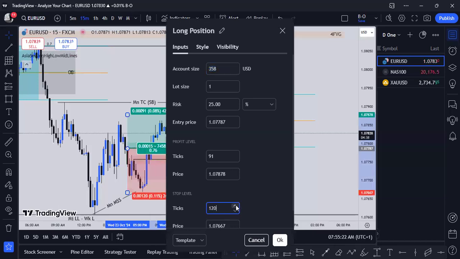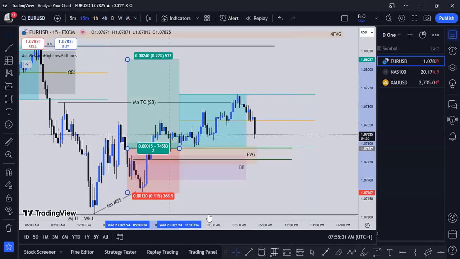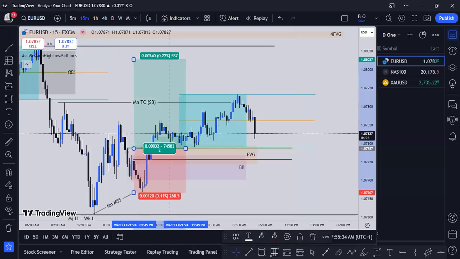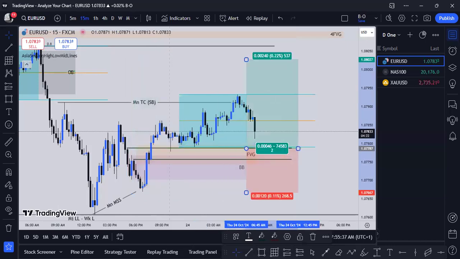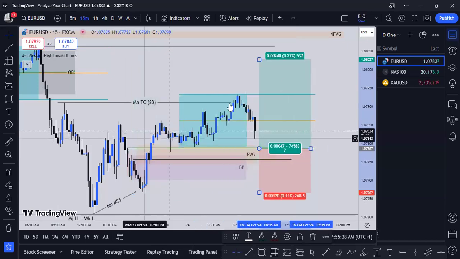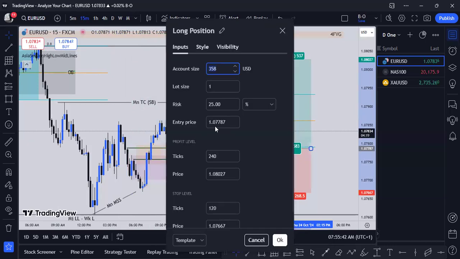So that's 1 to 2, 240. We can have that trade from there. So we can pick a trade from that level and try to see what the market will give to us.